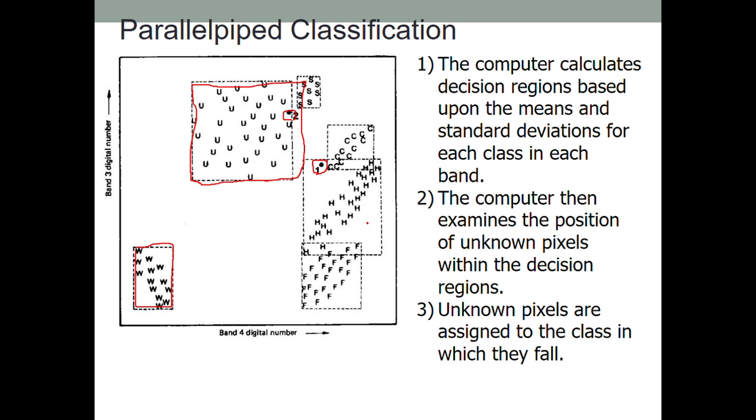If you see here, pixel number 1, which with minimum distance falls into corn, falls into hay with the parallelepiped. For number 2, although the distances to urban and sand are almost similar, because it falls within the range of urban, it will be assigned as urban.